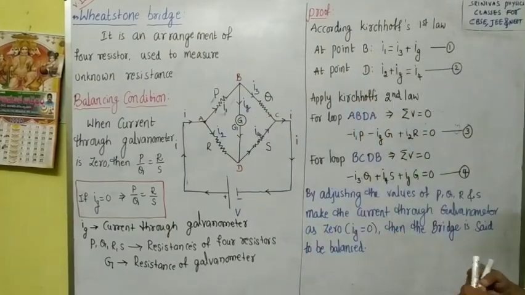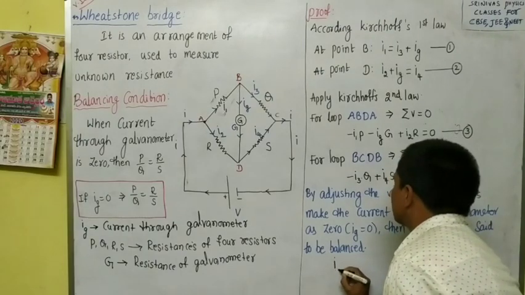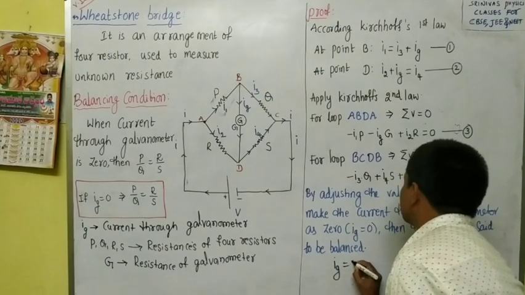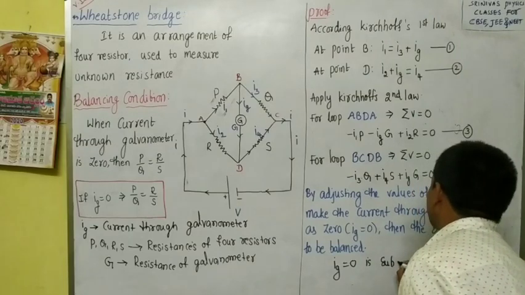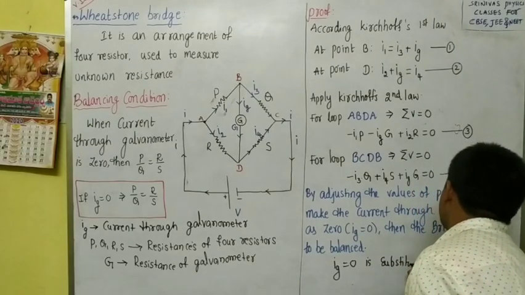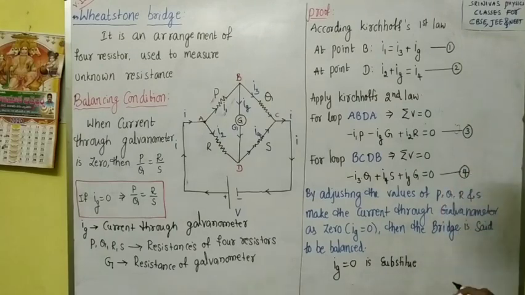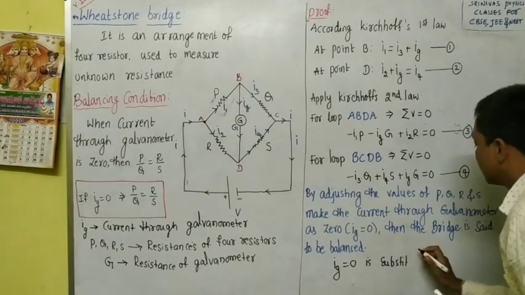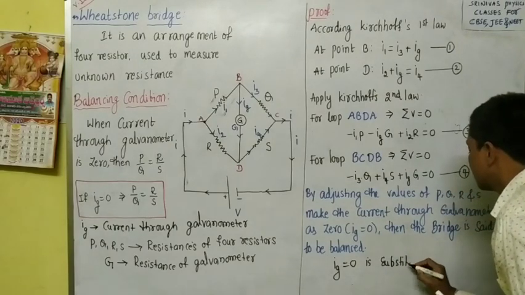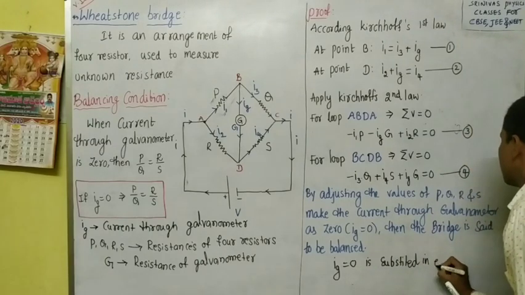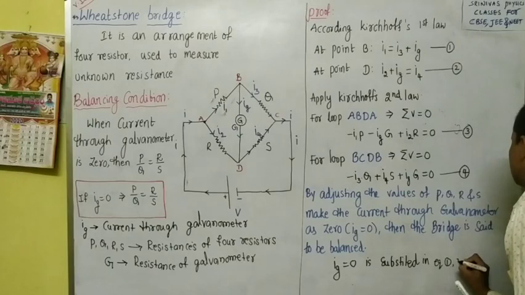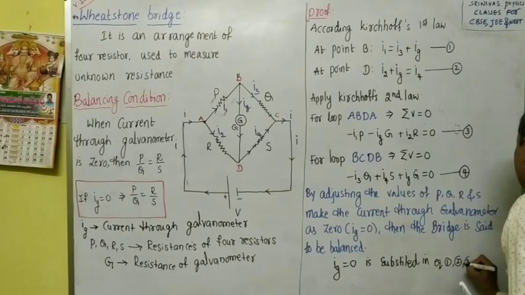Now this condition, IG is equal to 0, is substituted in equations 1, 2, 3 and 4.